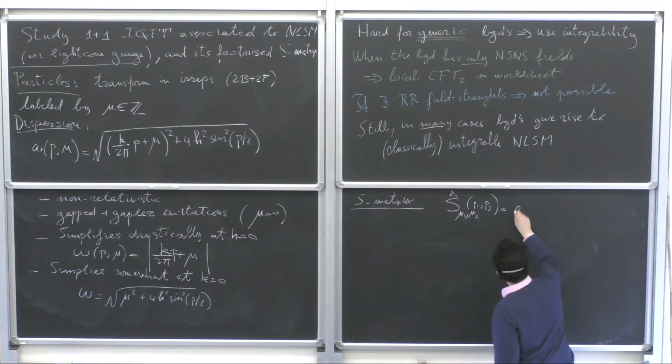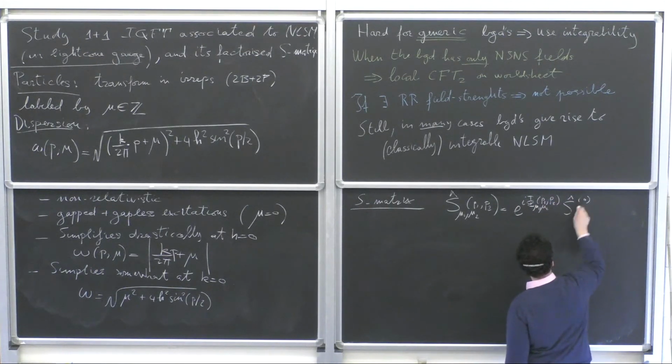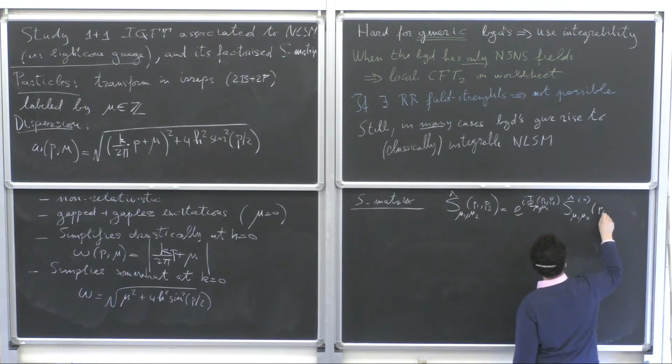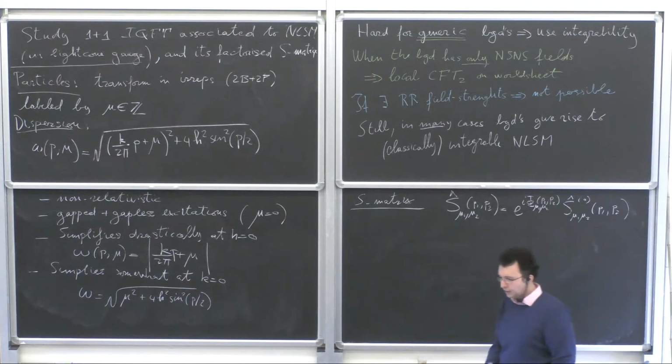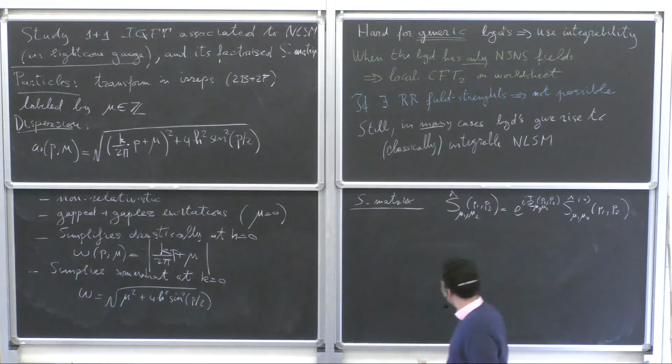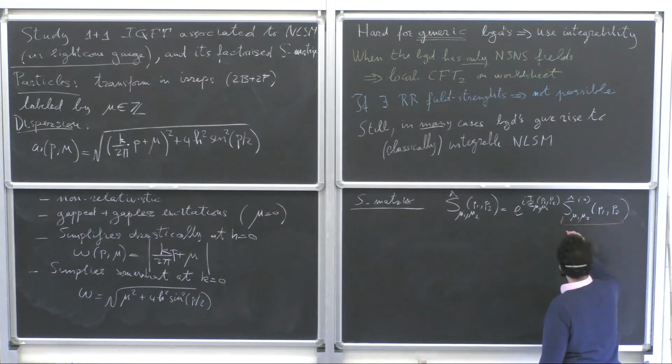And I want to write it like this. e to the i phi mu1, mu2 of p1, p2 times S hat 0 mu1, mu2, p1, p2, because the last part is fixed by symmetry.